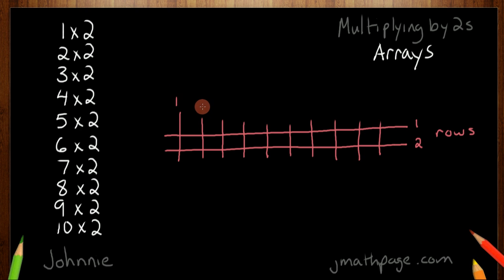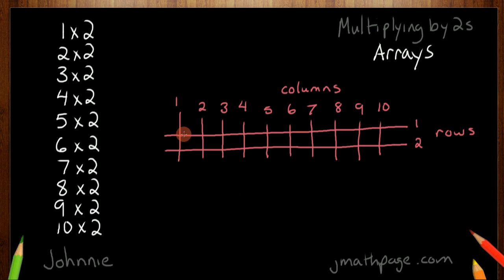So up here we have 1 through 10, and we'll call these the columns. In arrays, it's useful to think of things in terms of rows and columns. So we have 2 rows and we have 10 columns.